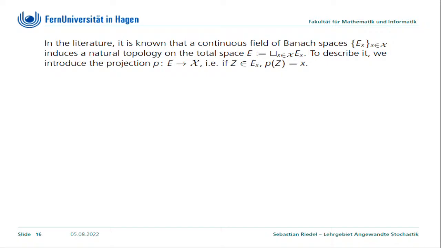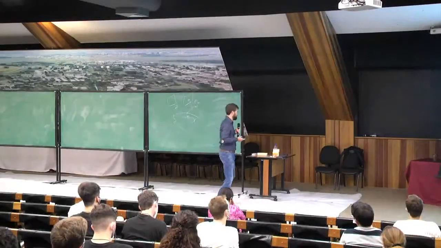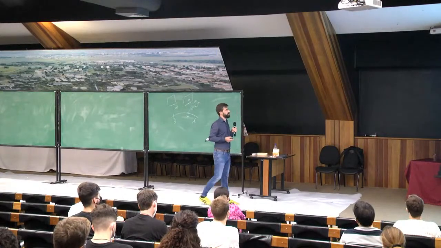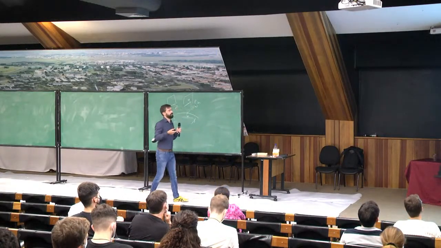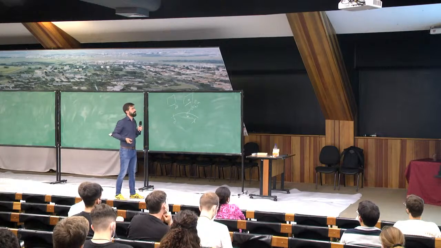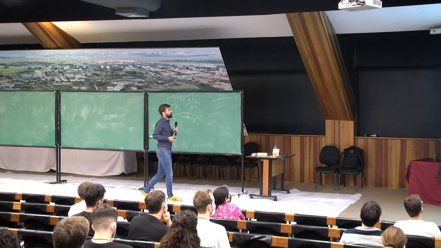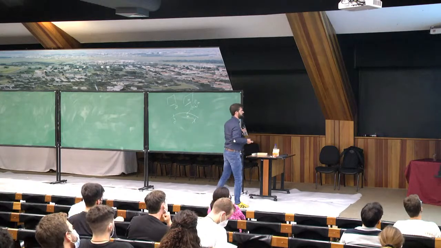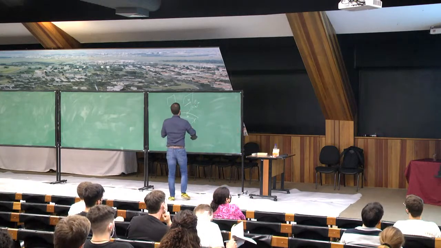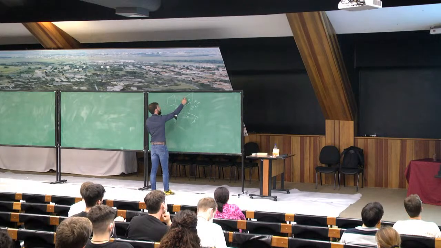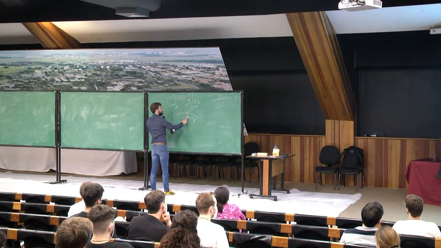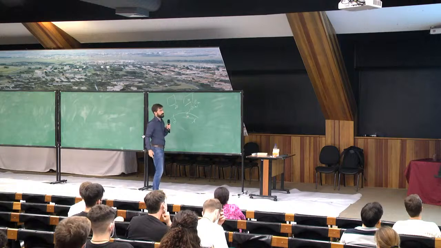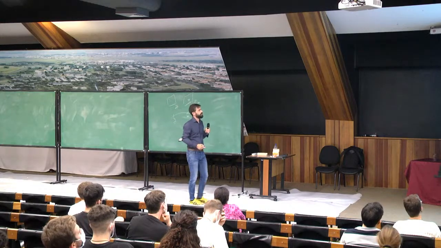I will not use it, but I want to mention it. There is a projection map from this total space to X again. If you take any element here in this space, it would map to the X here. So I call this map P here.